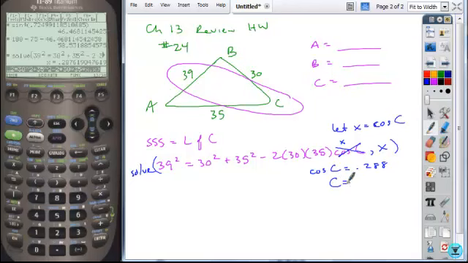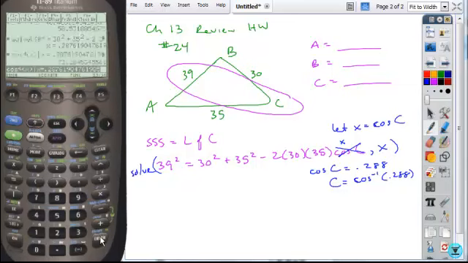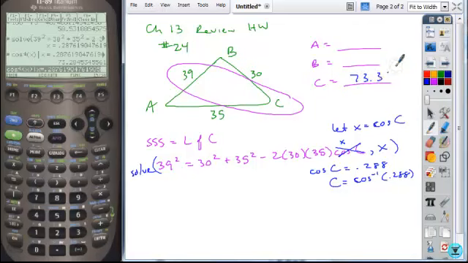So if I want to find what angle C is, I need to take the inverse cosine of that ratio. I can either just highlight it, or I could take x, use my with key, and then highlight this whole value. That will give me my value without an x equals so that I can go back in and access that angle measure later. But that is my angle C, 73.3 degrees.